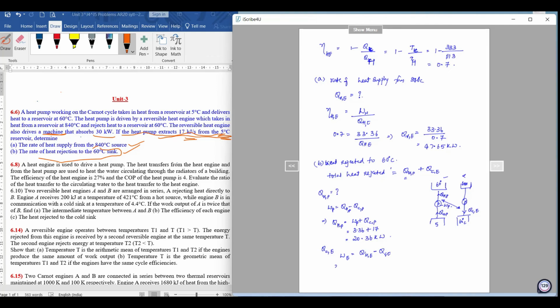So 33.36 equals QH of engine, which is 47.65, minus QC of engine. So QC of engine is 47.65 minus 33.36, which comes to 15.25 kilowatt.